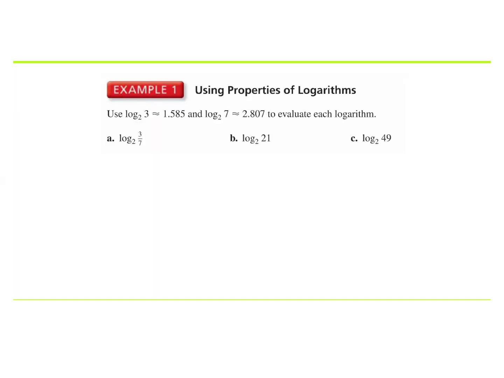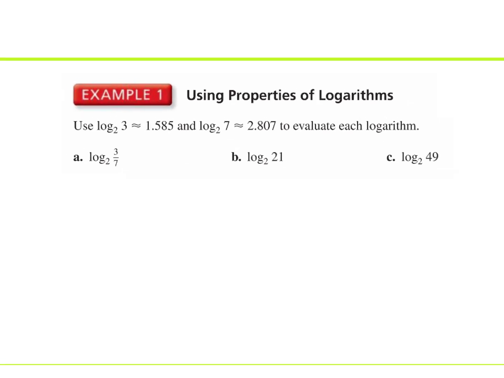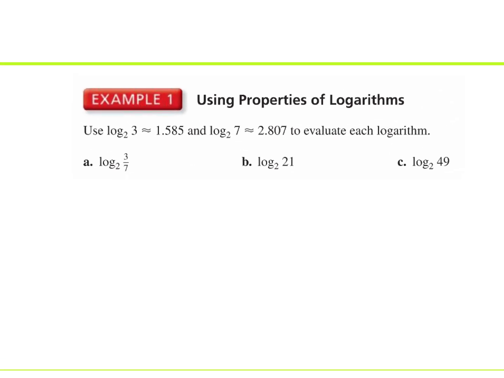All right, so this is one example of where our properties of logarithms are useful in evaluating something, right? So let's say you didn't have a calculator and you wanted to evaluate log base 2 of 3 divided by 7. So I'm looking at part A. You can't really do that without a calculator, but we do know that log base 2 of 3 is approximately this value and log base 2 of 7 is approximately that value.